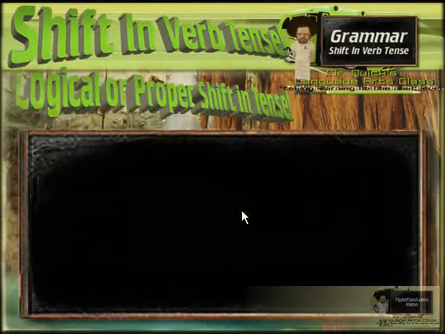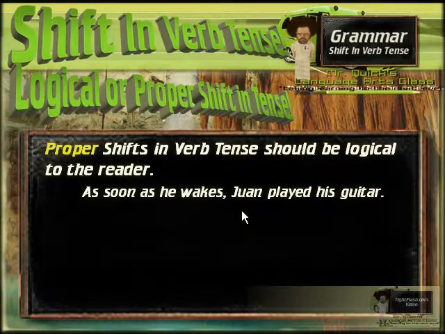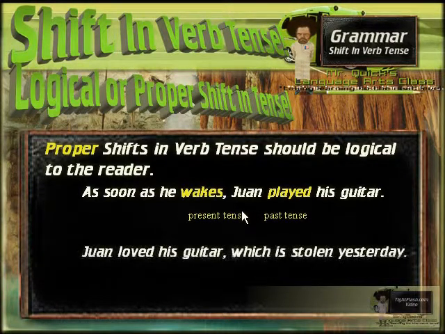Let us continue. Okay, let's look at this sentence. Proper shifting verb tense should be logical, of course, as we said a minute ago. As soon as he wakes, Juan played his guitar. Now we've got a present tense and a past tense here.